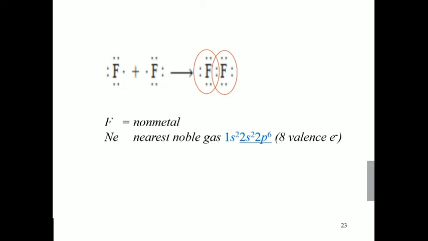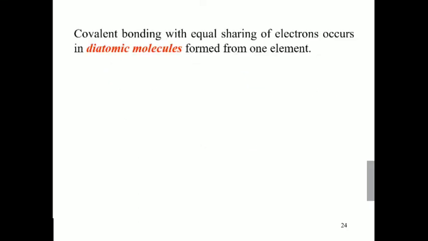Take into consideration in counting that shared pair of electrons. So each of the fluorine atoms has gained 8 valence electrons and therefore has obtained its stability. Or you can represent that shared pair of electrons by a dash between the symbols.